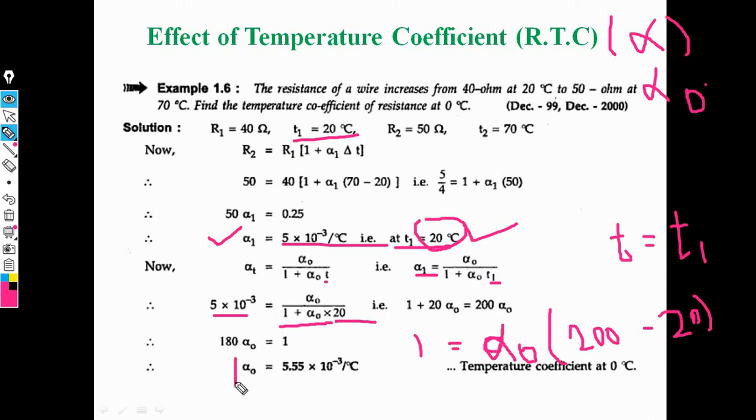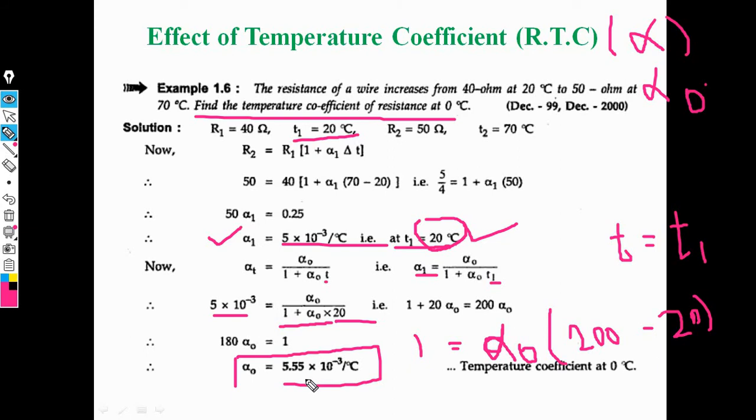Then alpha 0, the resistance temperature coefficient at 0 degrees Celsius, is 5.55 into 10 raised to minus 3 per degree Celsius. This is the effect of temperature coefficient.